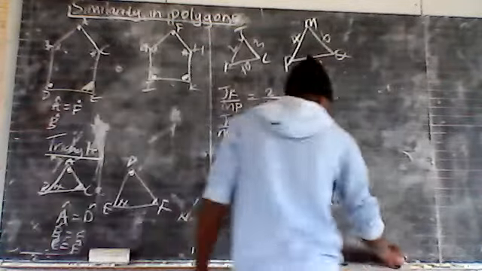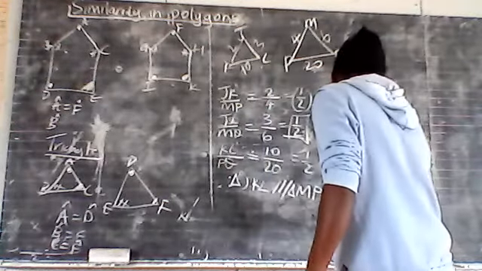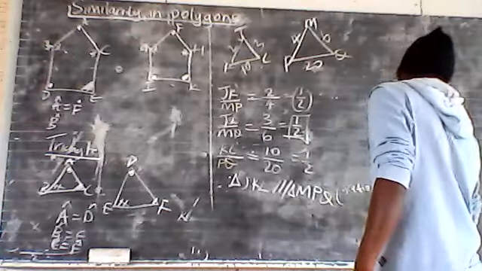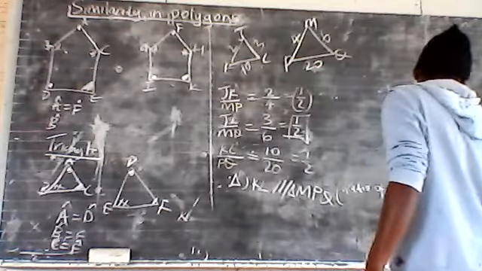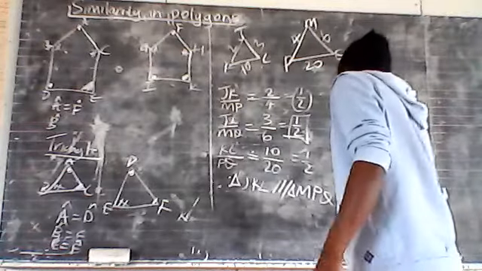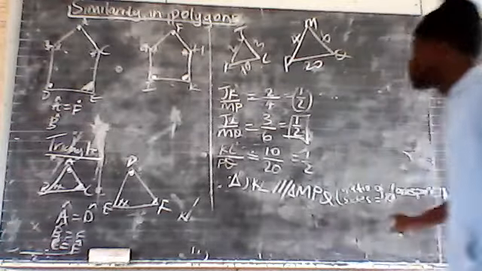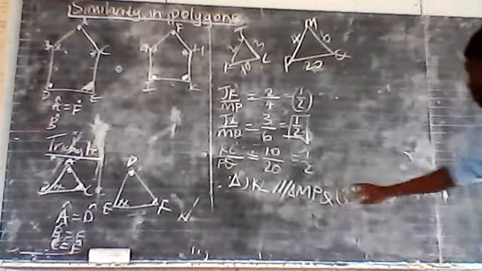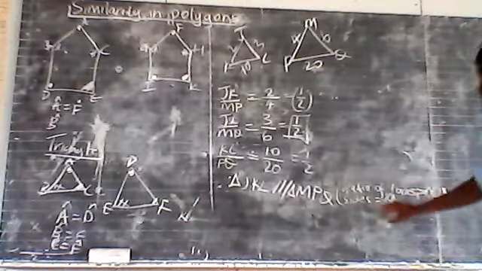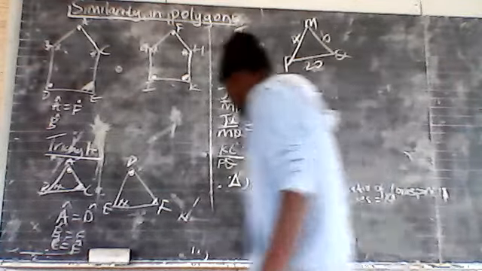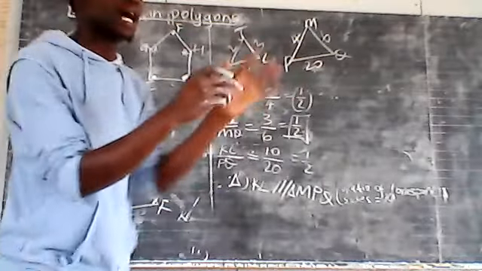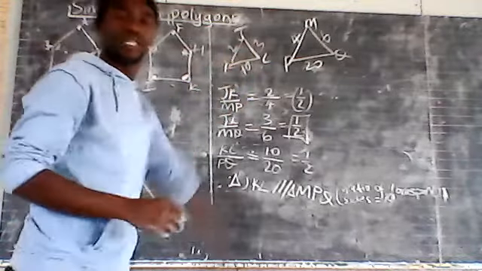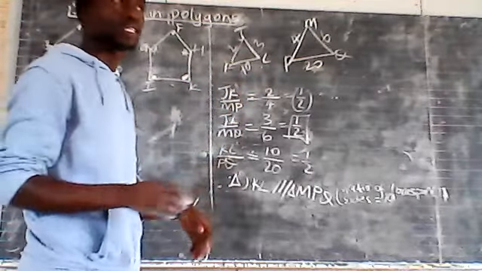Remember I said the ratio of corresponding sides is equal, or you can simply say the sides are in the same proportion. It is a similar way of saying that the ratio of the corresponding sides are equal. If you find two triangles and you divide certain sides and they give you the same ratio, you can conclude that those two triangles are similar.